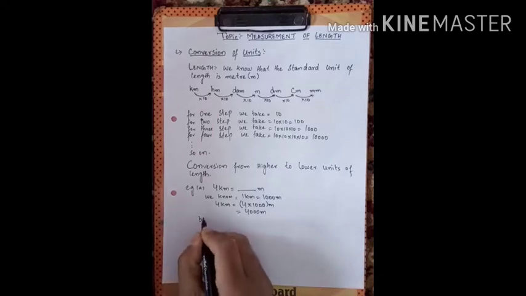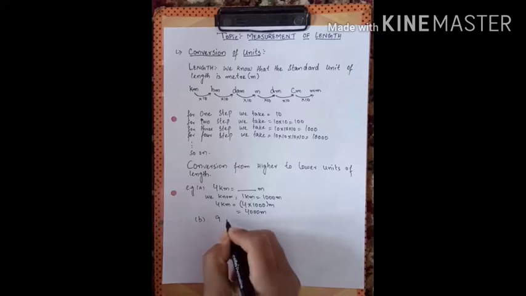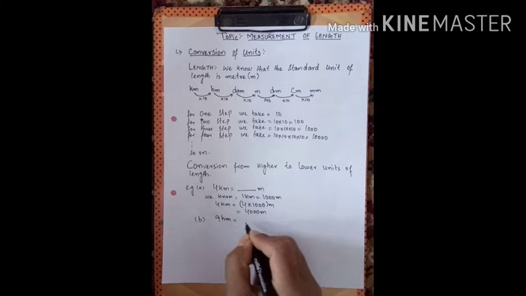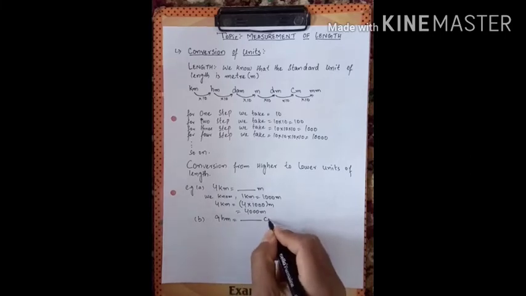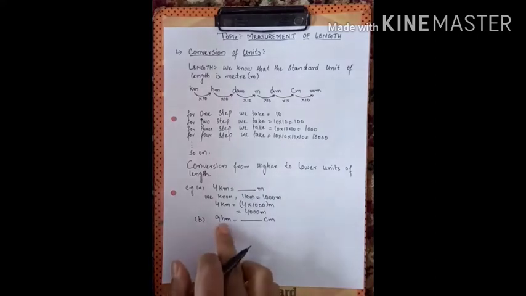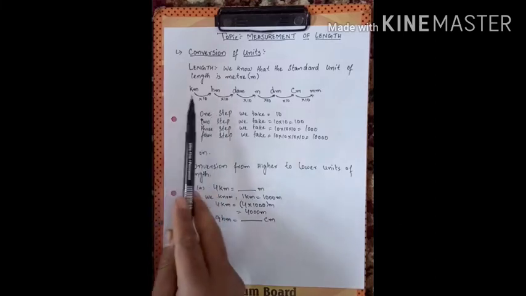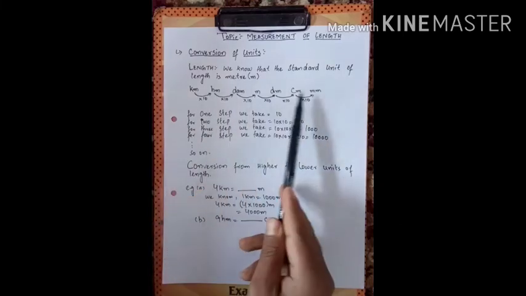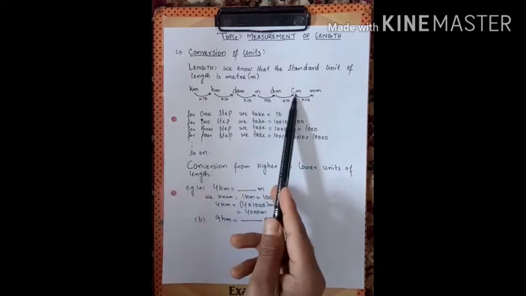Now B part, 9 hectometer, and I have to convert this 9 hectometer into centimeter. First, I will try to make a relation between hectometer and centimeter. Now, see in this chart, this is hectometer and this is centimeter. How many steps are between hectometer and centimeter?